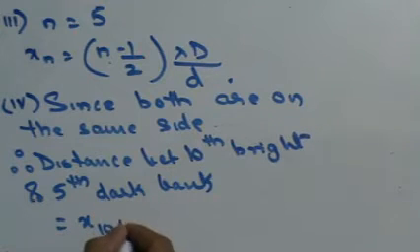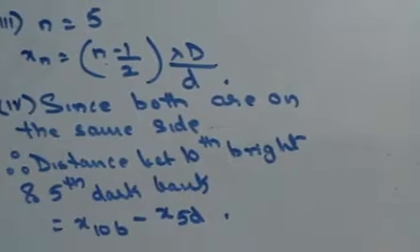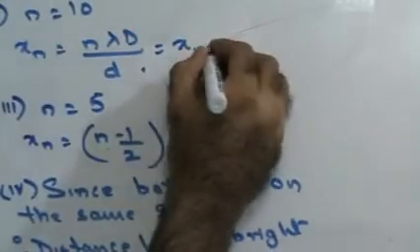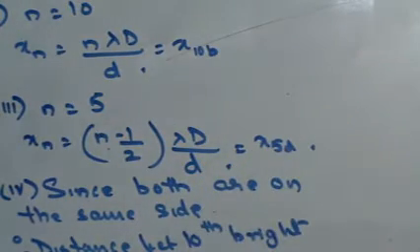That will be x10 bright minus x5 dark. Just subtract the two, you should get your answer.